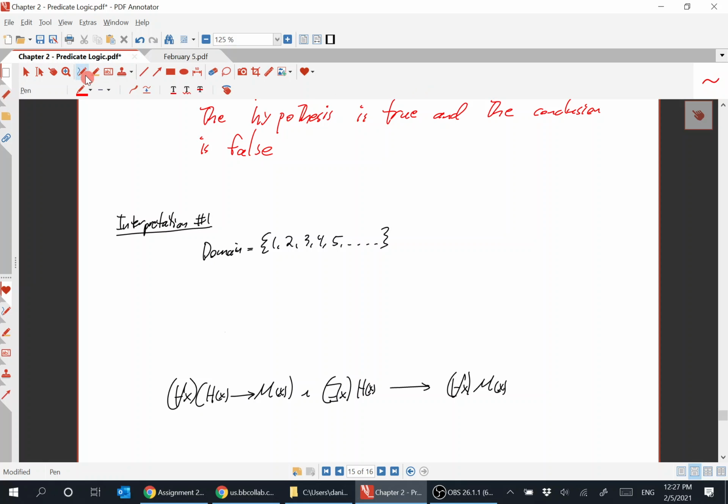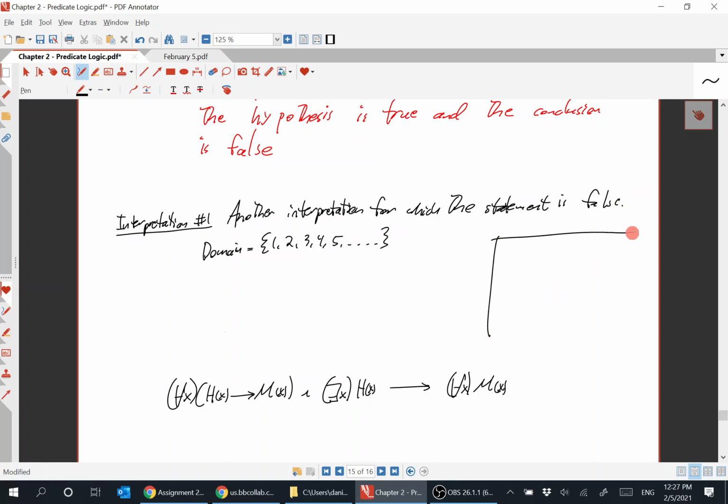So this is another interpretation under which the statement is false.